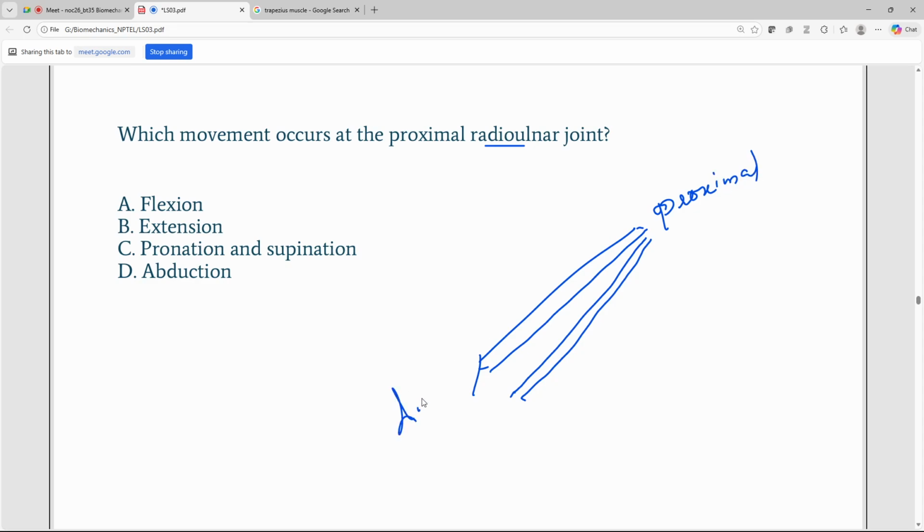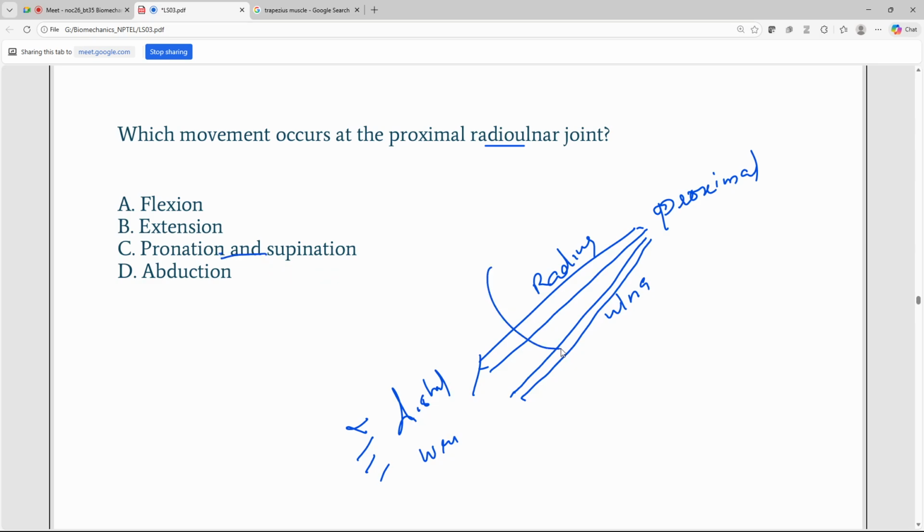Distal is away from the body. This is the distal end towards the wrist, and this is the radius. Suppose the hand is open towards you, then this is the radius, and this is the ulna. This joint, the radio-ulnar joint, facilitates pronation and supination.